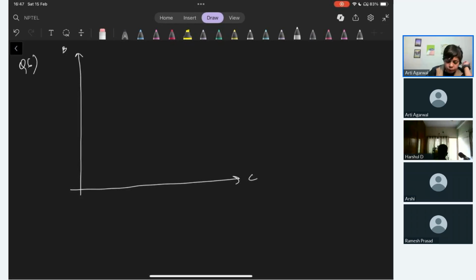Okay, so this was initially 5, this was 40. This is the same thing as what we had. I'm just joining this by a dotted line. Hang on. Okay, so this was our original budget line.